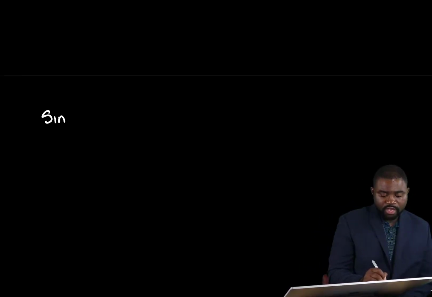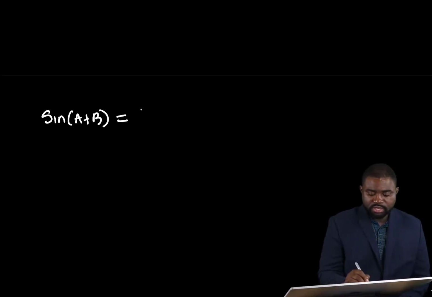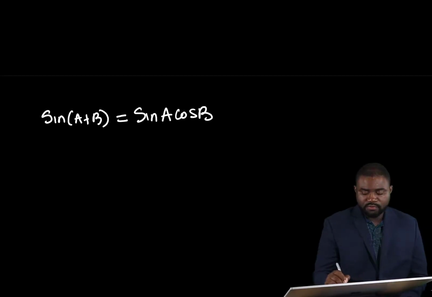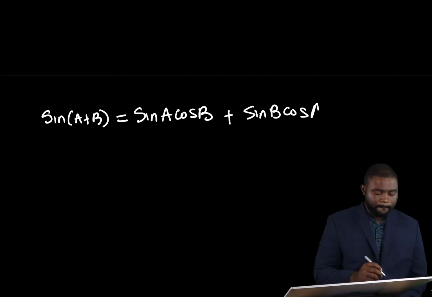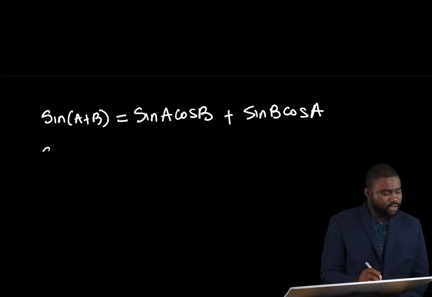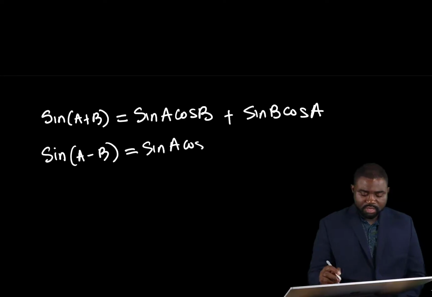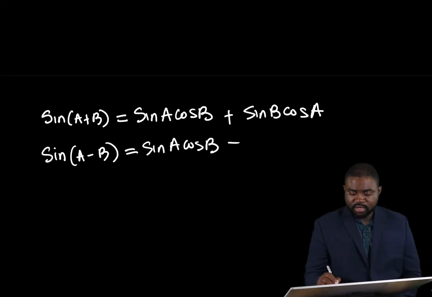For example, the sine of A plus B is equal to sine A cosine B plus sine B cosine A. The sine of A minus B is equal to sine A cosine B minus sine B cosine A.